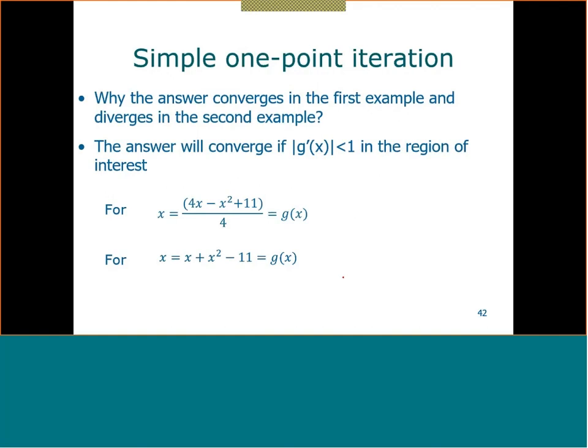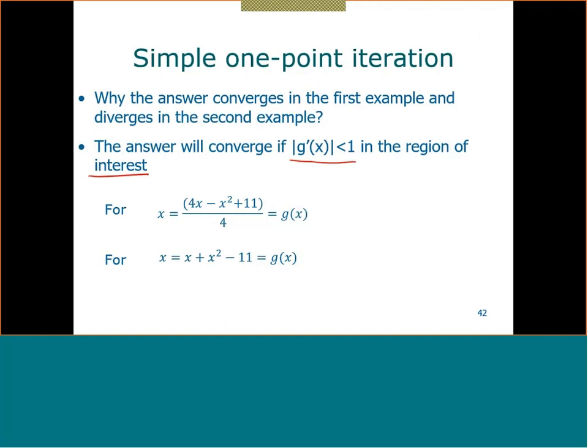The answer will converge if the absolute value of g prime of x is less than 1 in the region of interest. In the region where you will find your answer, the absolute value of the derivative of g of x has to be less than 1.